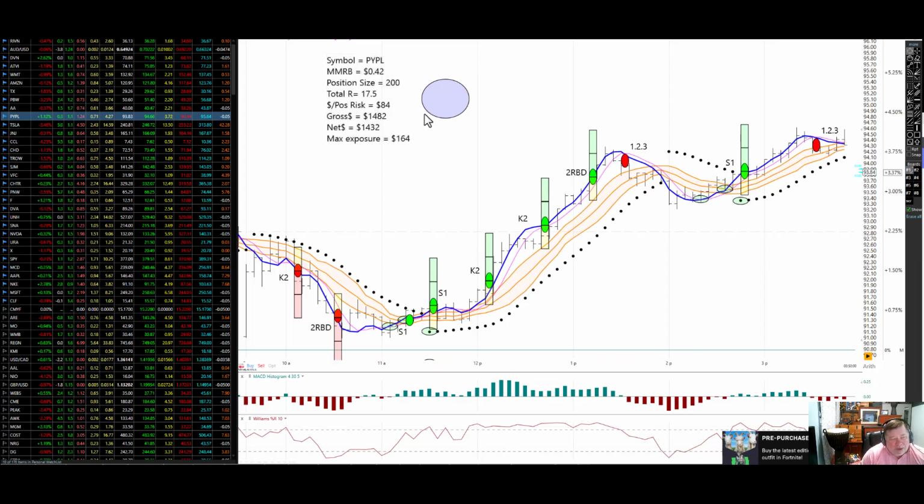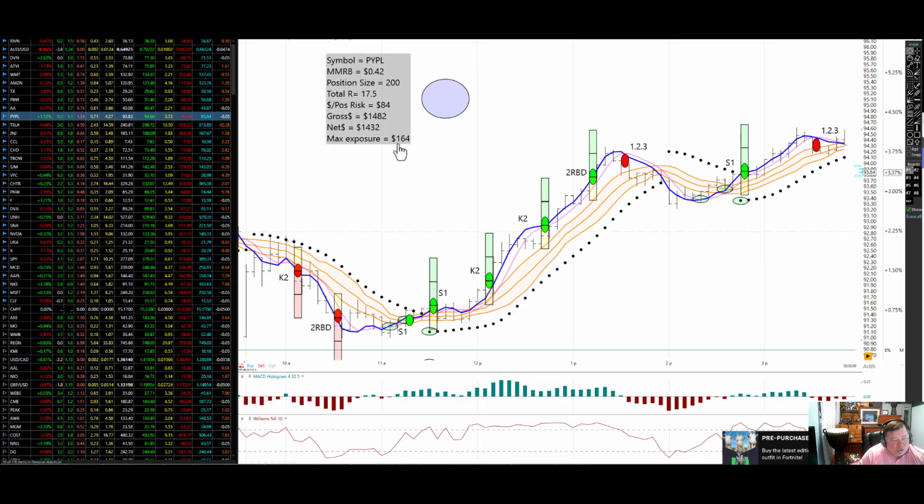So the maximum I could lose is $84, because that's 200 times 42. So by risking this $84 per position size, the gross take on this was $1,482. The net was $1,432 after the round trip tickets.